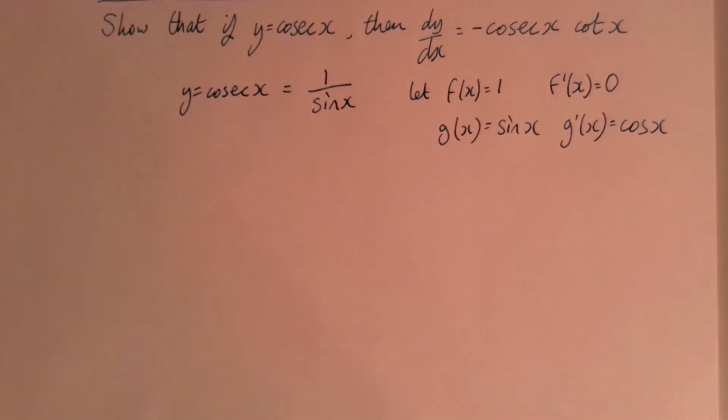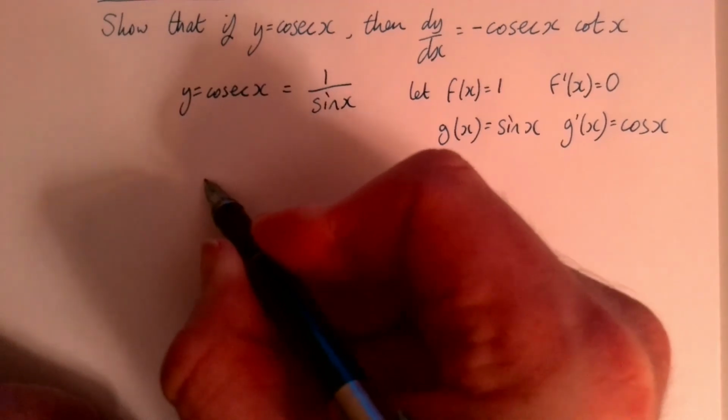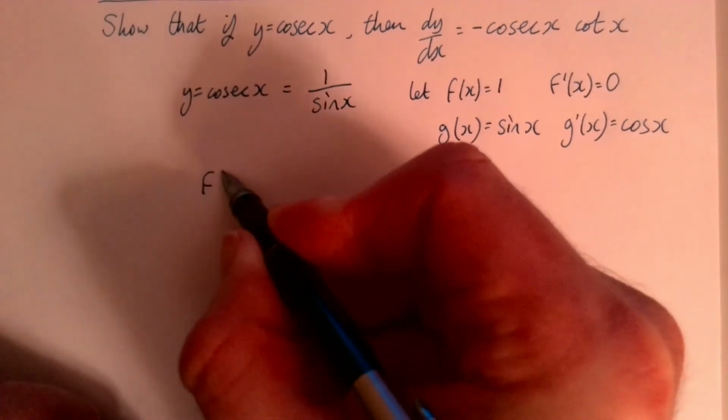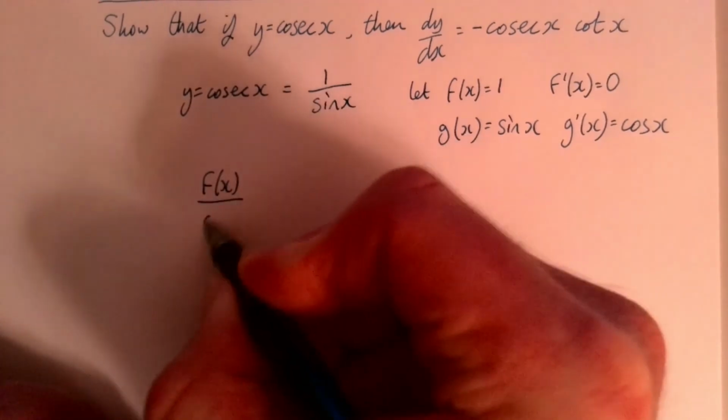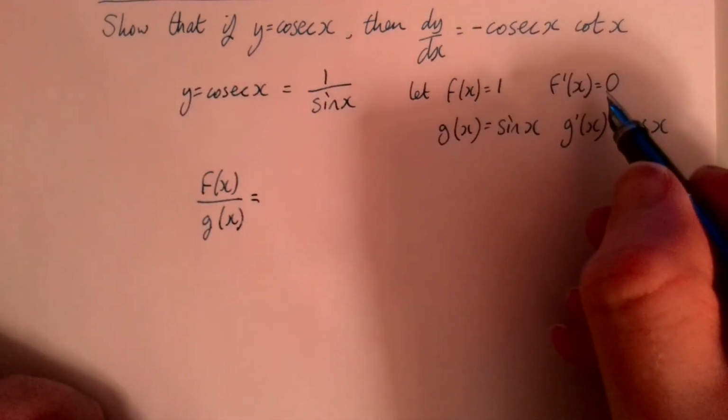And then you just need to plug it in to what's there in the formula booklet. So you just need to write down that you've got your f of x over your g of x, and then start filling in what we've got.